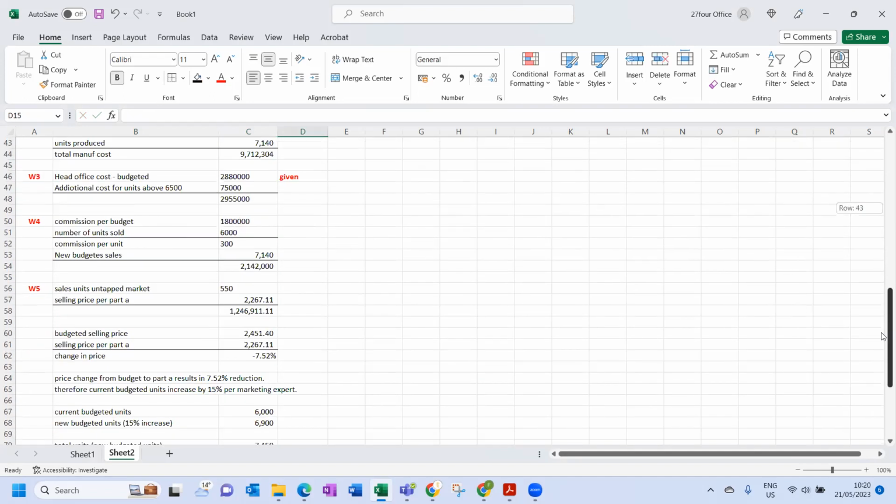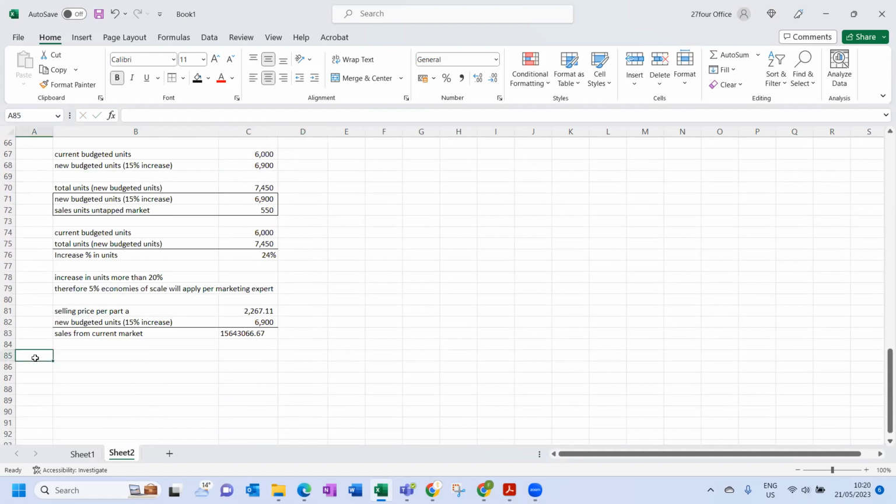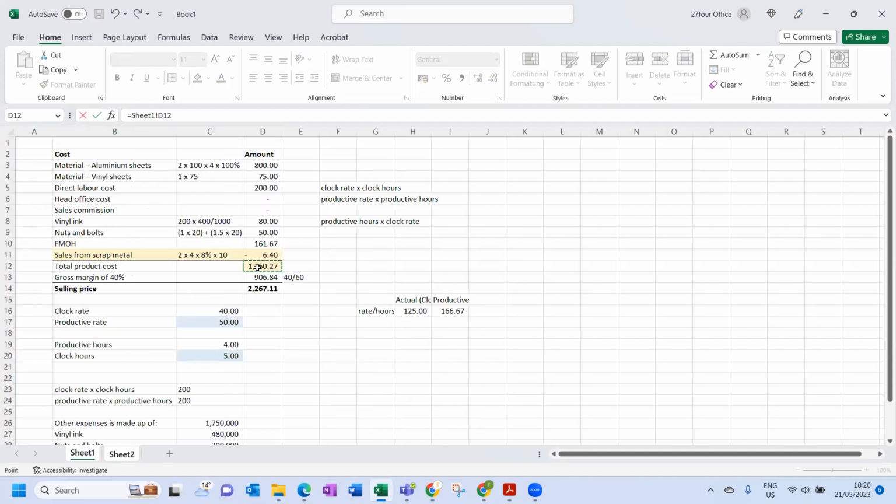Now we can work out the manufacturing cost of working 6. Okay, so working 6, the manufacturing cost. So cost per unit. The cost per unit from part A is 1360.